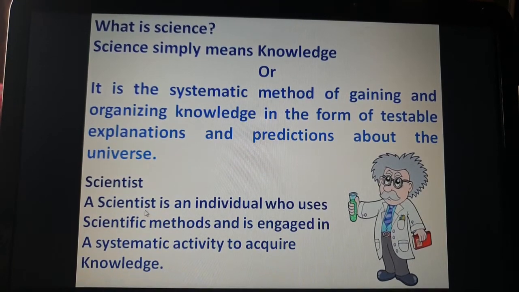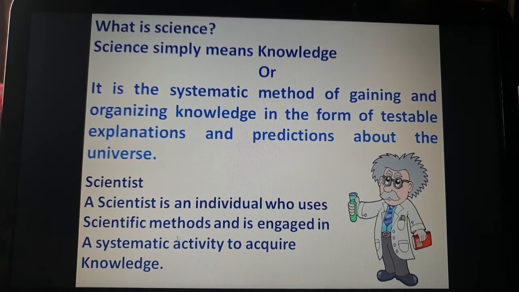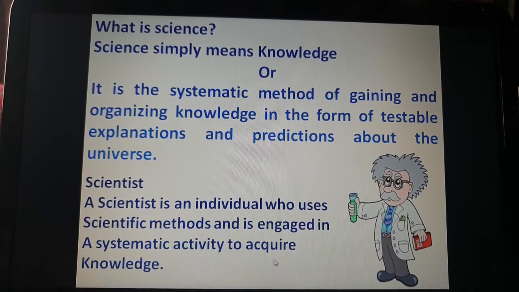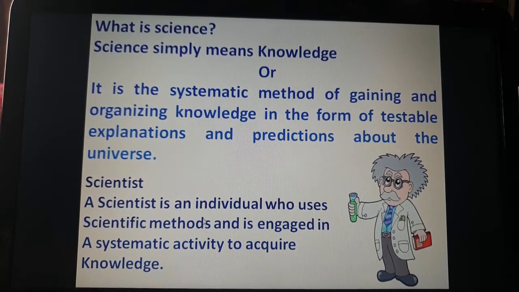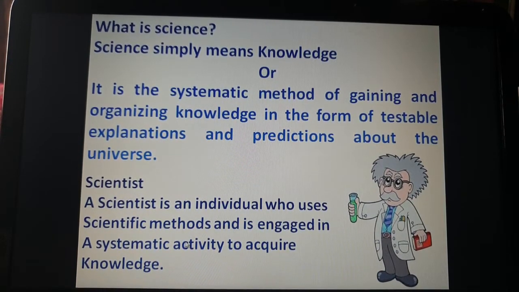A scientist is an individual who uses scientific methods and is engaged in a systematic activity to acquire knowledge. He is a single person who uses scientific methods, because without scientific methods, something cannot be proved.